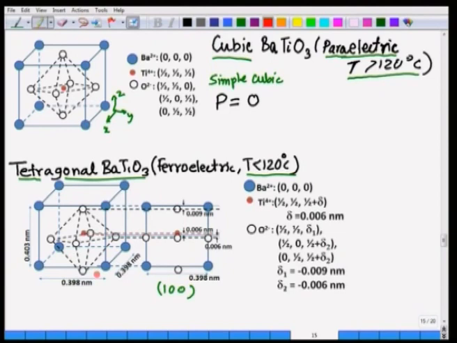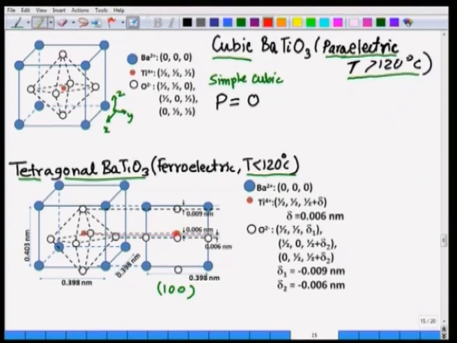Now you can imagine that the center of positive charge due to these barium atoms will of course be smack in the center where the blue line is, and the positive charge due to titanium is where the titanium atom is.